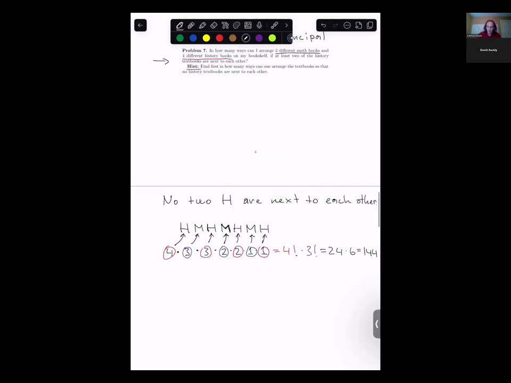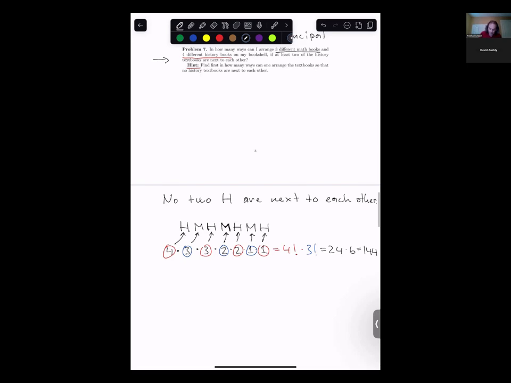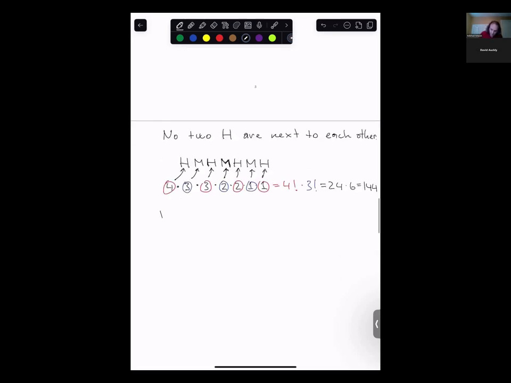So what is the total number? Total number of ways to put all seven books on the shelf, right?